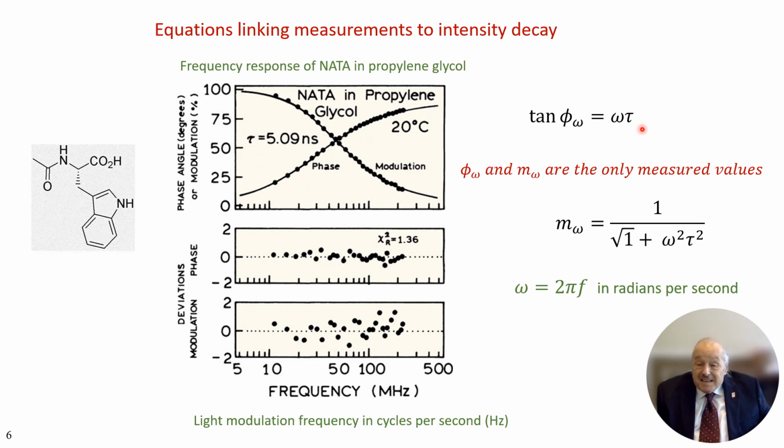But anyway, the tangent of the phase angle is equal to the frequency in radians per second times the lifetime of the sample. The modulation equation is a little more difficult. It's 1 over the square root of the terms you see here. I cannot give you an intuitive explanation as to why these equations exist, but these are the correct equations, especially for a single exponential decay.